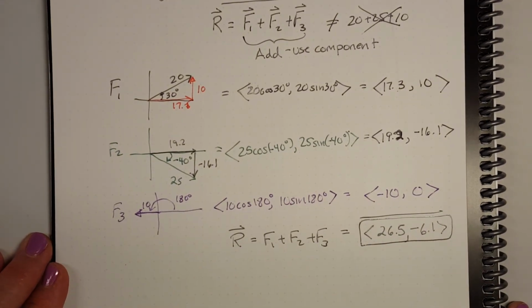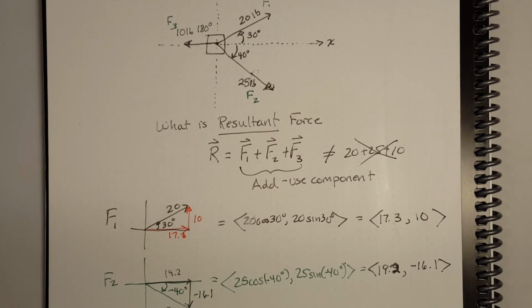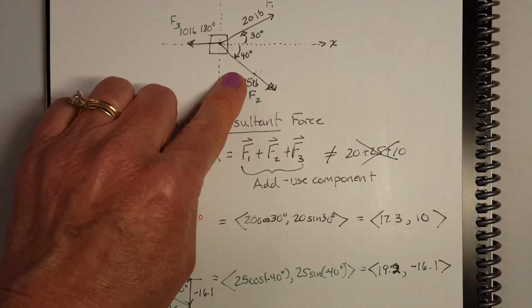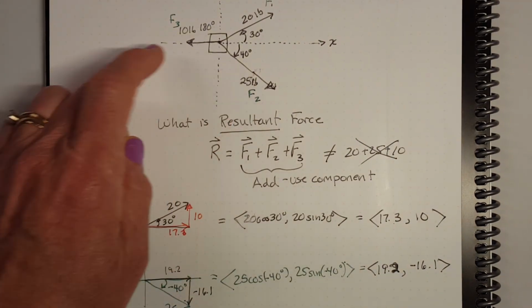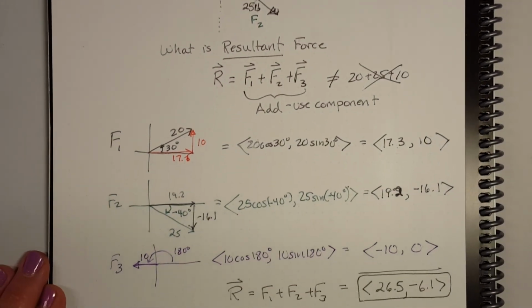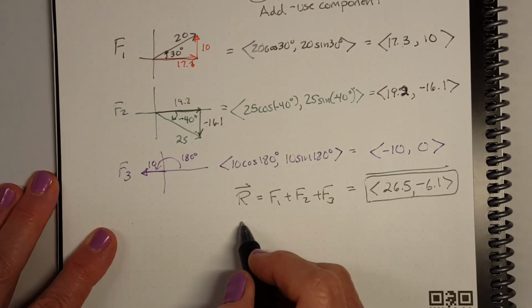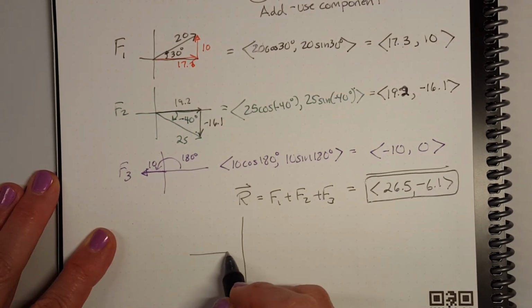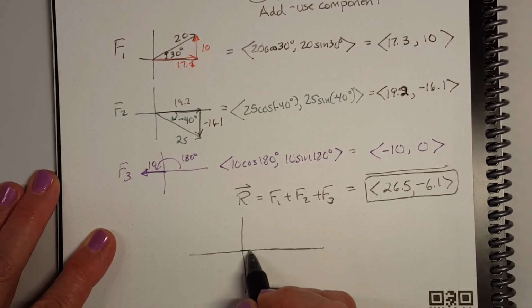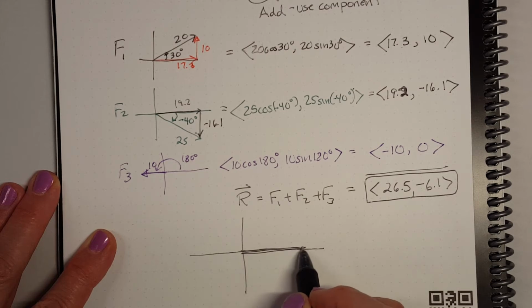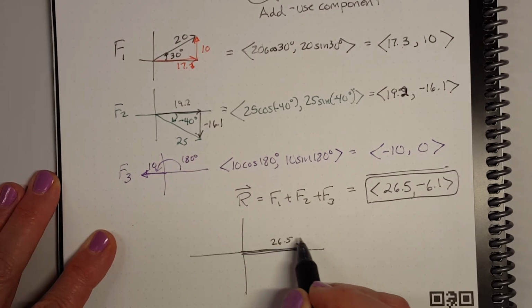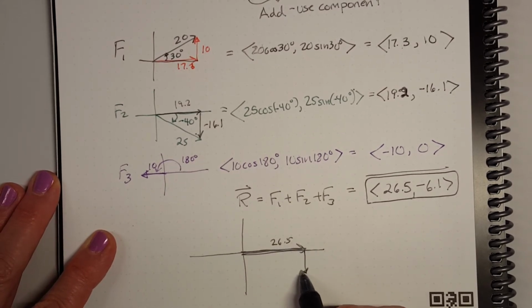But we were given the problem, we were given all of our forces in magnitude and direction. So let's go back and figure out what our answer is in magnitude and direction, right? So if I sketch my resultant vector, it's 26.5 in the x direction, and it's negative 6.1 in the y direction.